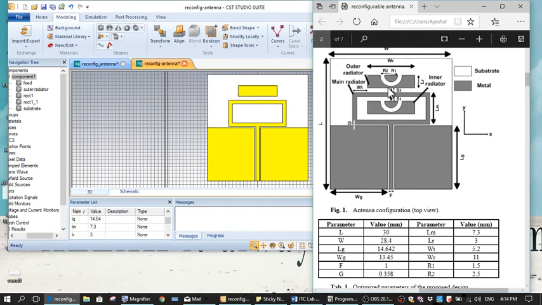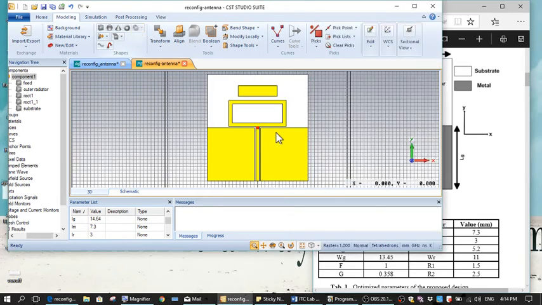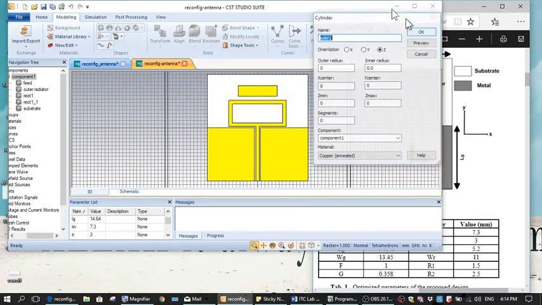Now we need to subtract a little ring from here. For that we are going to make a cylinder that I am going to call a ring, and let's give it a radius. According to the paper the outer radius is 5, which is 2.5 actually, and the inner radius is 1.5.